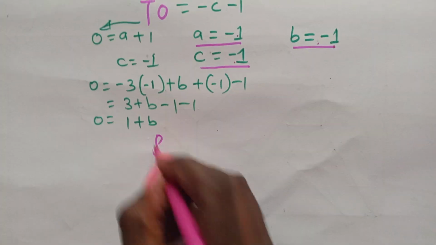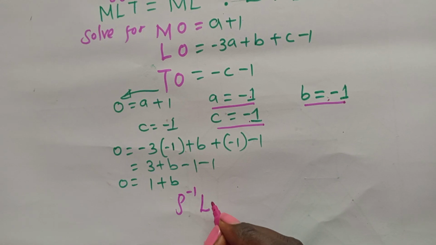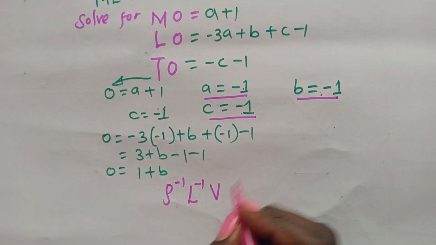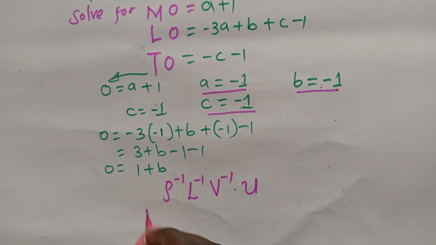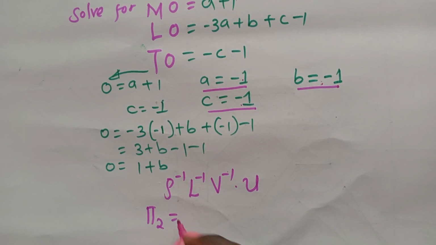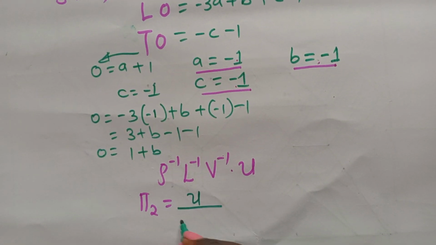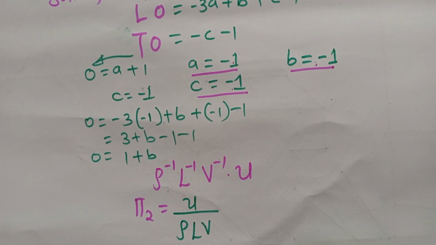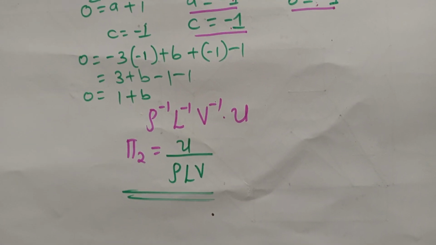So this is written as rho raised to A, which is negative 1, L raised to B, which is negative 1, V raised to C, which is negative 1, with mu. So our pi 2 is now written as mu over rho L V. This is our second pi term.